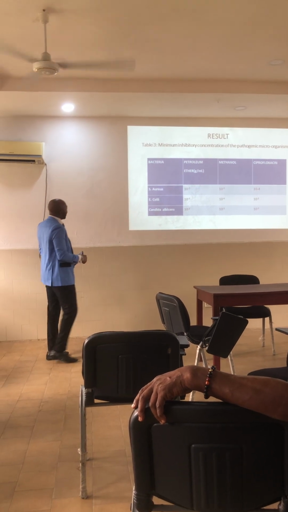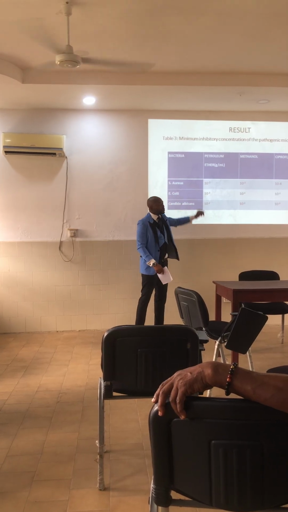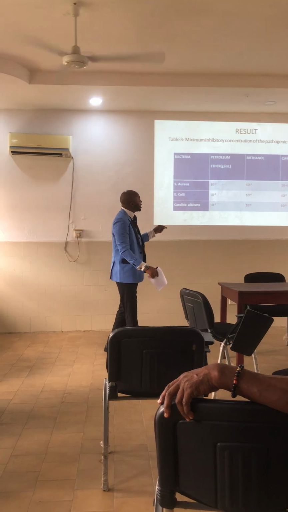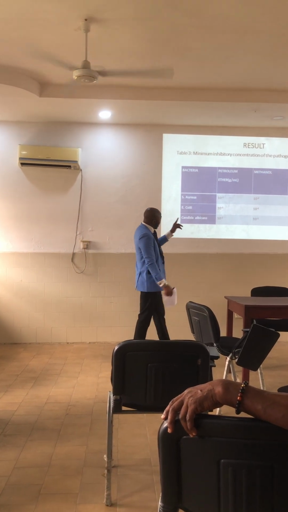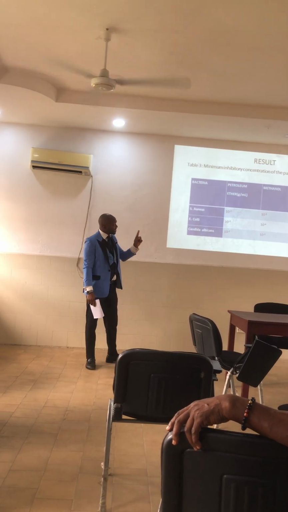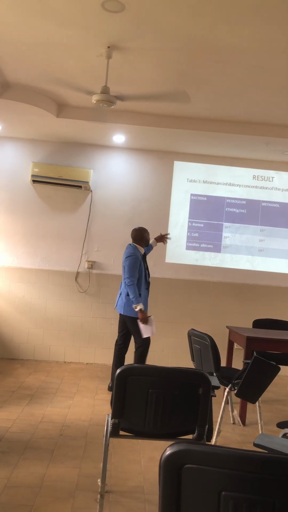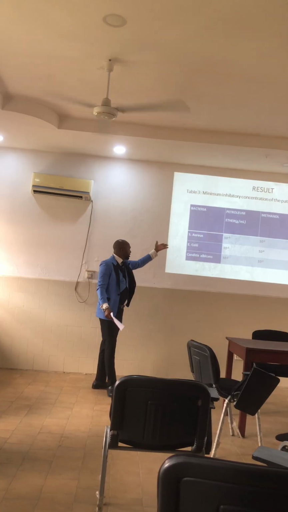So having seen the first one, petroleum ether, for Staphylococcus aureus, it is at 10⁻², which means it is very low. Its ability to inhibit microbial growth is almost gone, so it's very small. But that of methanol is at 10⁻³. That of ciprofloxacin is 10⁻⁴, which means that ciprofloxacin, in terms of inhibiting Staphylococcus aureus, was more potent than these 2 cases.